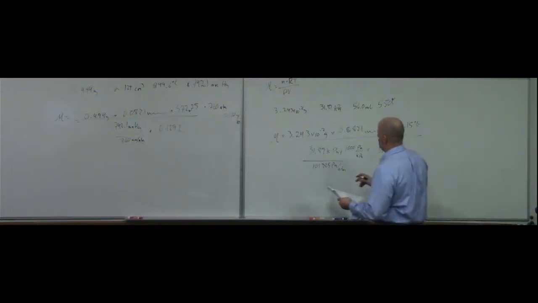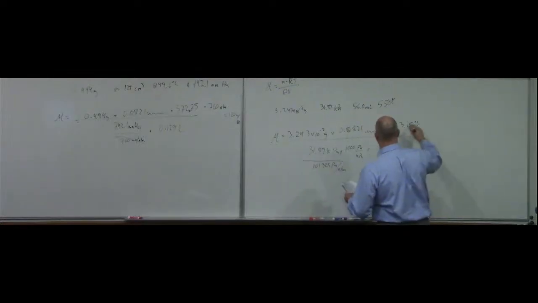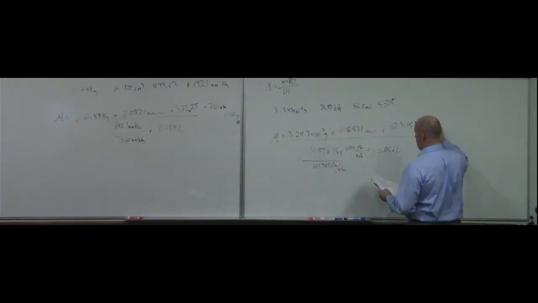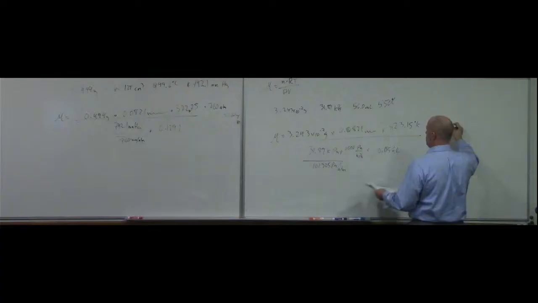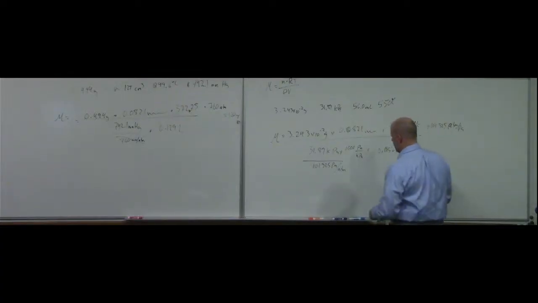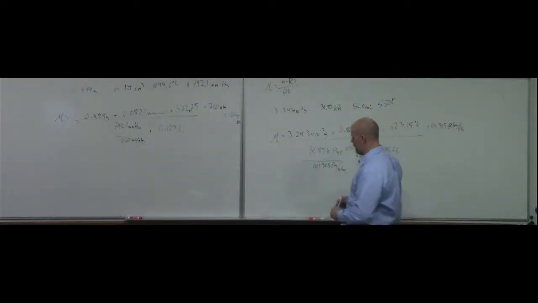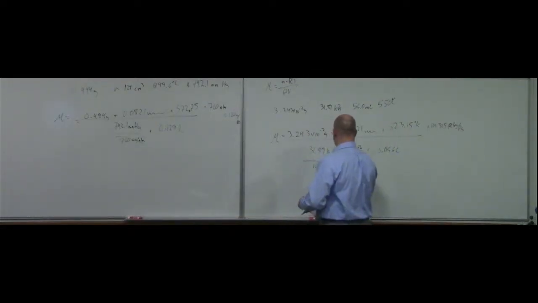So one thing we can do real easily is put this up top. I just like to do that. I think it makes life a little easier. So 101,325, that's going to be atmospheres per Pascal, which then will allow all that to cancel out, right? So I'm going to eliminate this.